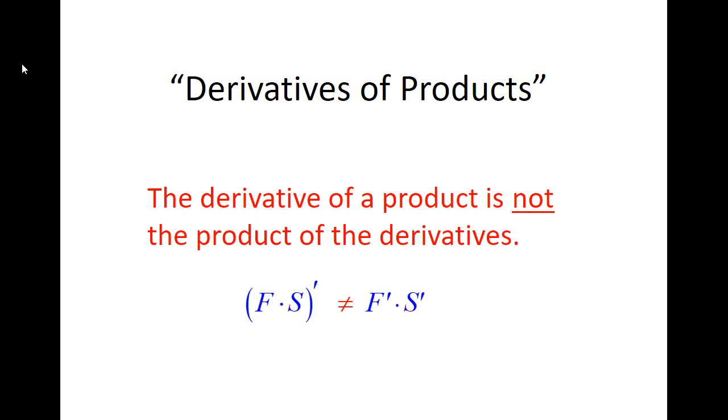That is, if I have two functions F and S, and I am taking the derivative of F times S, that's not the same as the product of the derivative of F and the derivative of S. So the derivative of a product is not the same as the product of the derivatives.